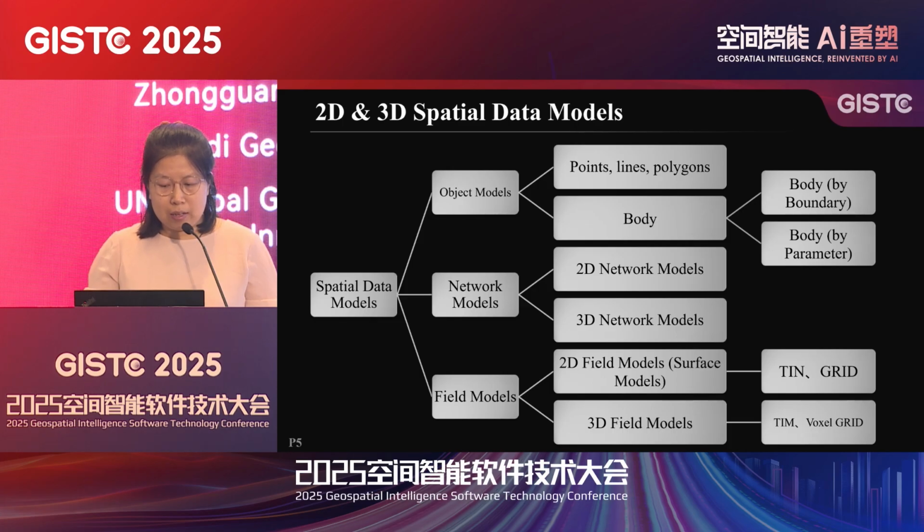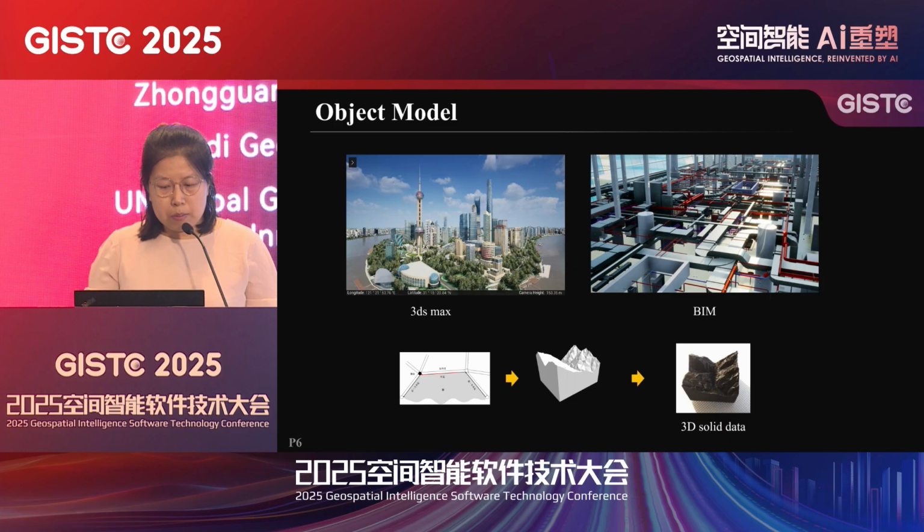Let's first look at what kinds of applications can be supported by the object models. SuperMap supports a wide range of object 3D models, including detailed macro models built with tools like 3ds Max, as well as micro-level building information models.